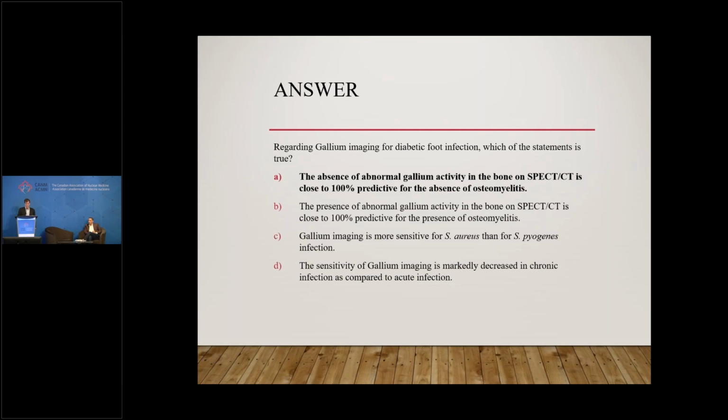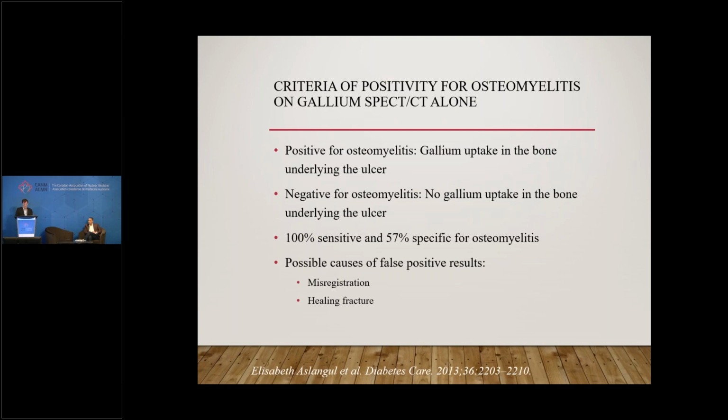If you said the absence of abnormal gallium activity essentially rules out osteomyelitis, that is the proper answer. So there are some criteria for positivity for osteomyelitis that were published with SPECT CT.